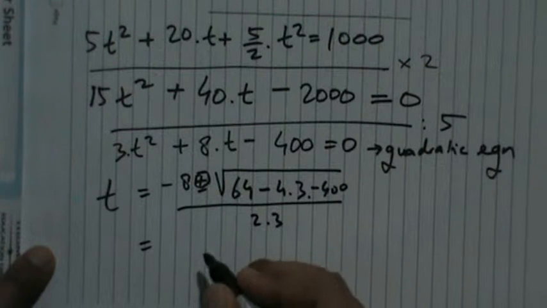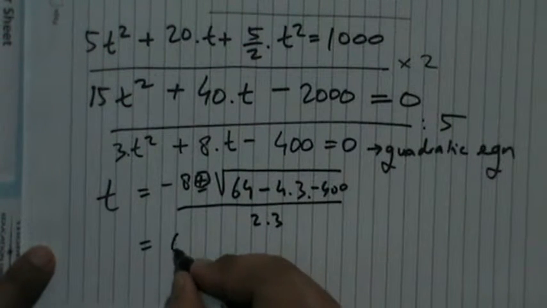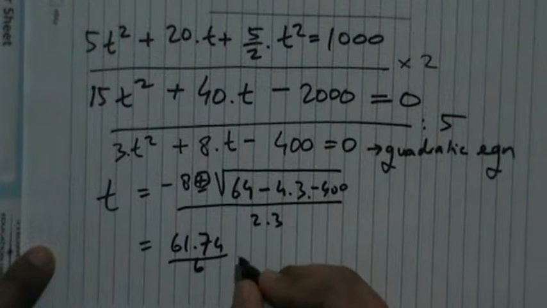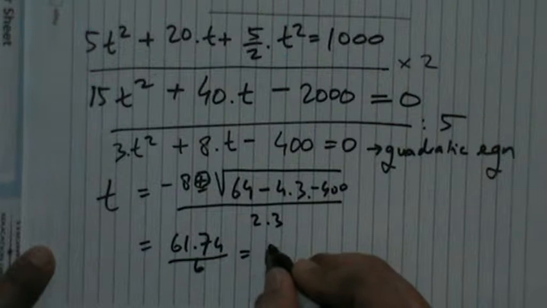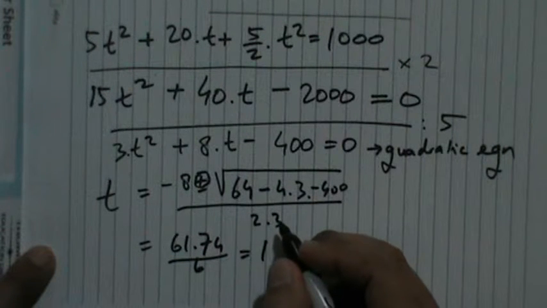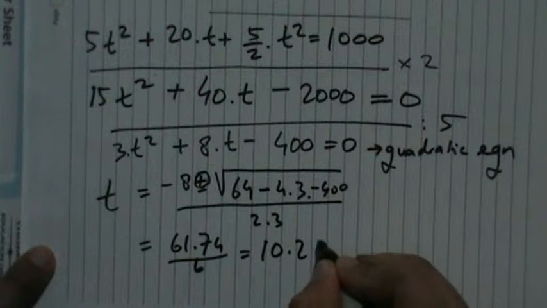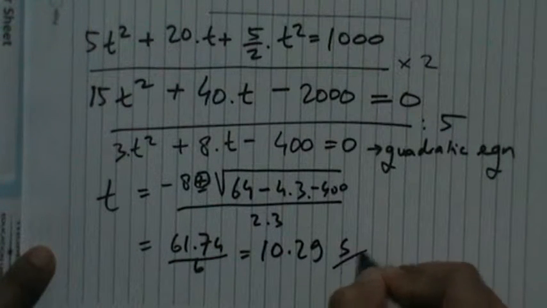So if we calculate, we will get 61.74 divided by 6, and here the time when they meet is 10.29 seconds.